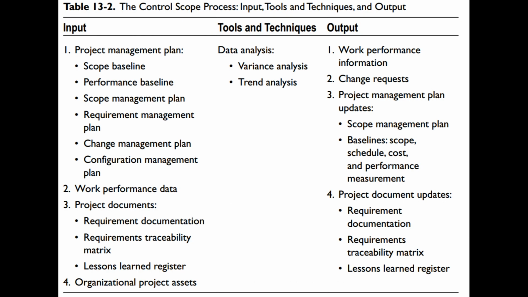Table 13.2. The control scope process: input, tools and techniques, and output. Input: 1. Project management plan: scope baseline, performance baseline, scope management plan, requirement management plan, change management plan, configuration management plan. 2.